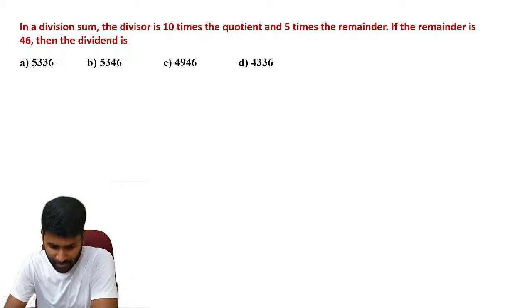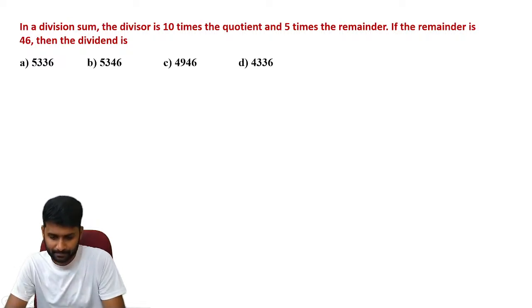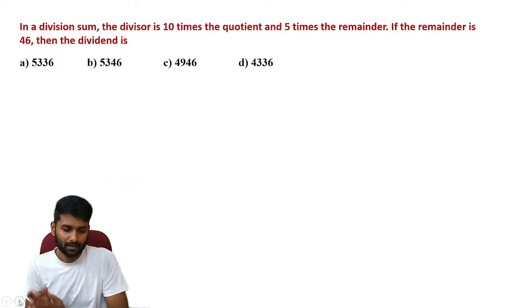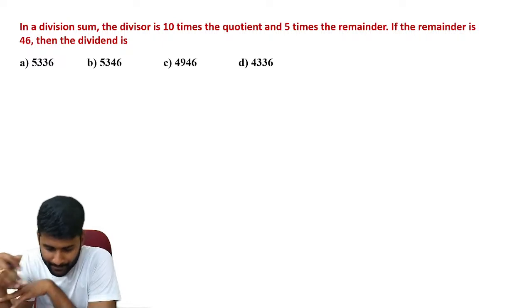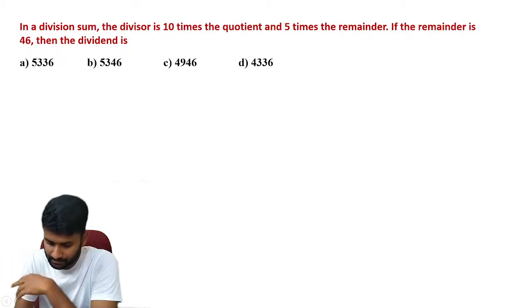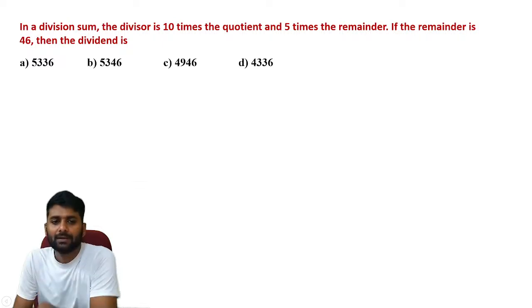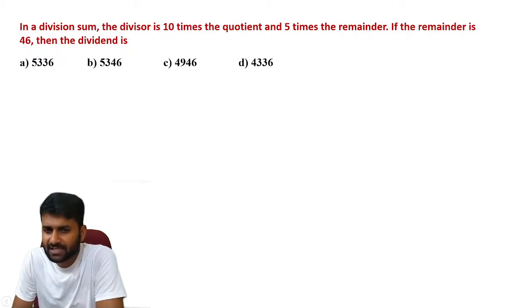Next, go through this question. In a division sum, the divisor is 10 times the quotient and 5 times the remainder.